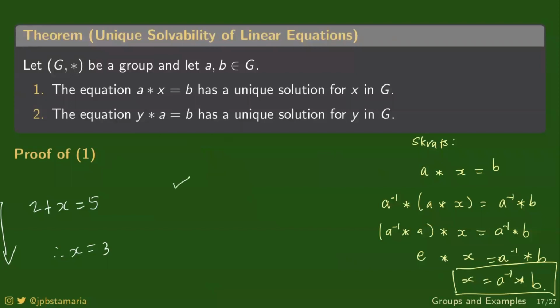Ang tawag nyo dyan dotted check, di ba? Nilalagay nyo yung 3 sa x, no? Sinasolve nyo yung 2 plus x, 2 plus 3 equals 5. So that checks that your candidate is indeed a solution. And that's what we're going to do.